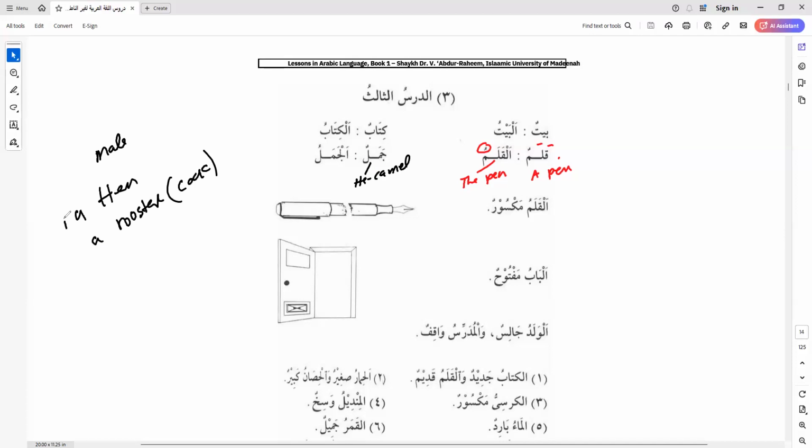A hen we know is a female, and the rooster is the male. So in Arabic, the Jamal is the he camel. So here we are saying a he camel. Al Jamalu, the he camel.